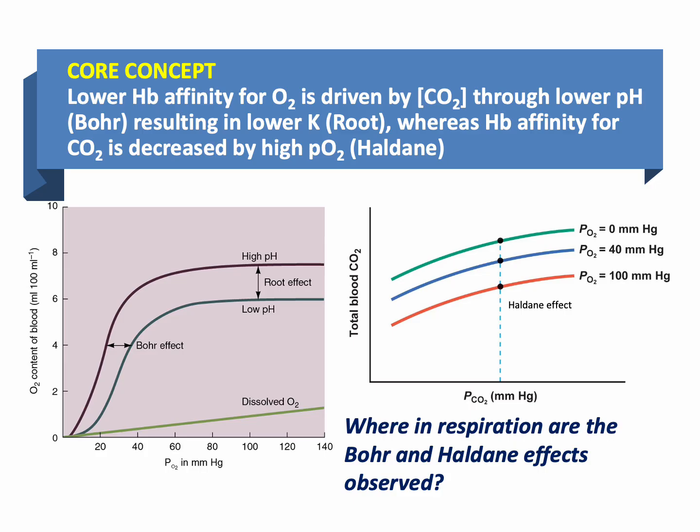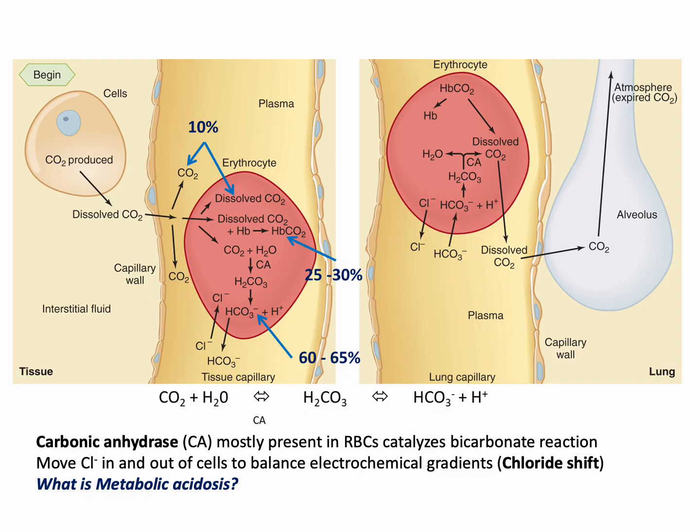Well, this is the pièce de résistance right here. This is how respiration happens. When you start with a cell that's used up oxygen and has produced CO2 as a product of respiration, that CO2 likes being in solution, so it dissolves.